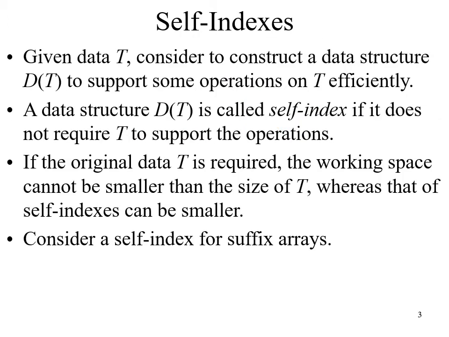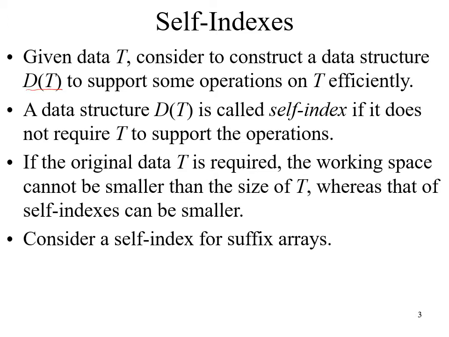For the first one, we consider self-indexes. So what is it? Given some data T, we consider constructing a data structure D of T to support some operations on T efficiently. For pattern search on a string, T is the string, and D of T is, for example, the suffix array.